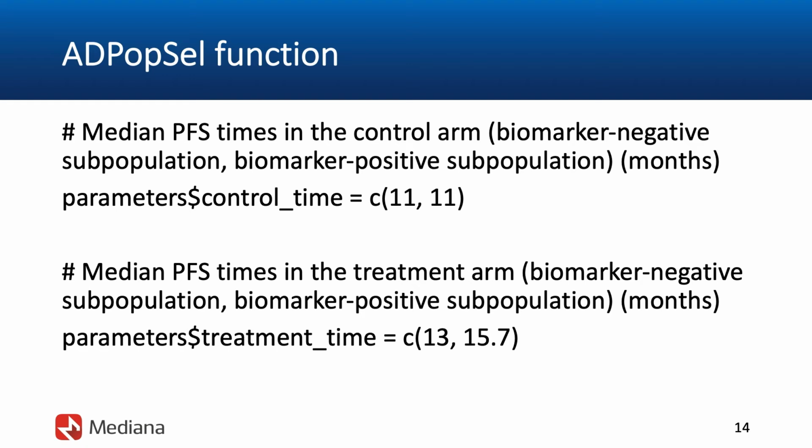Now, continuing to a similar set of specifications for the treatment arm, we can see here that within the subset of biomarker negative patients, the median PFS time is expected to be prolonged from 11 months up to 13 months in the biomarker negative subset once again.